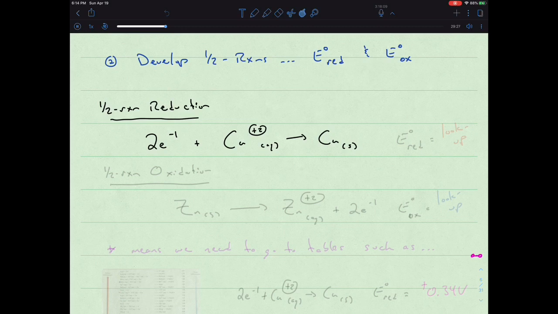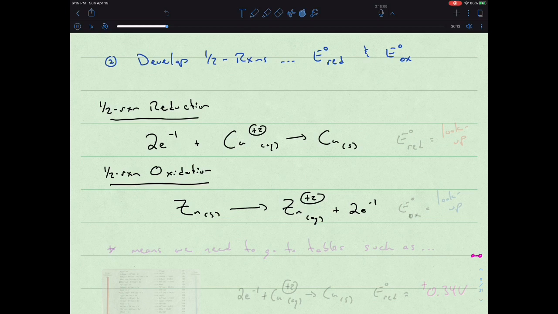There are no other elements here, it's just copper, so we're just looking at that change in charge. We need to balance out the charge with 0 and 0, and so there is our charge-balanced half reaction for reduction. We can do the same thing for the oxidation side of the coin: if we're going from solid zinc to zinc +2, we'd have to be losing 2 electrons. So those are the two balanced reactions.